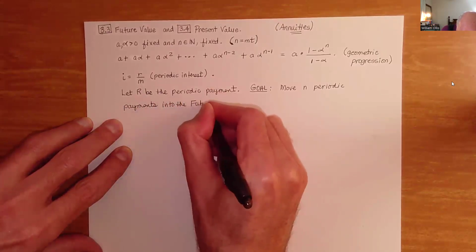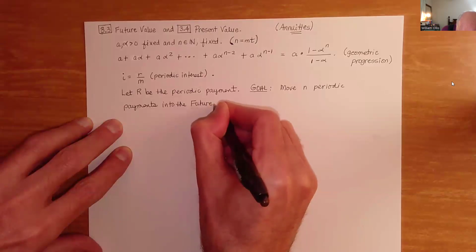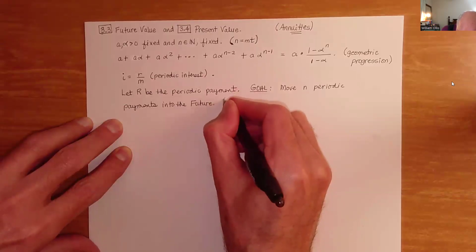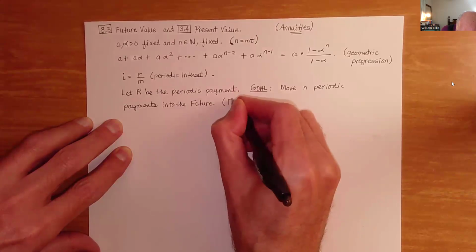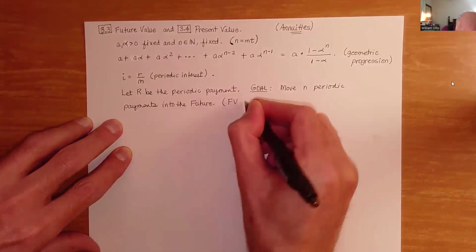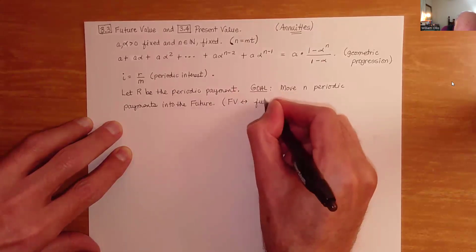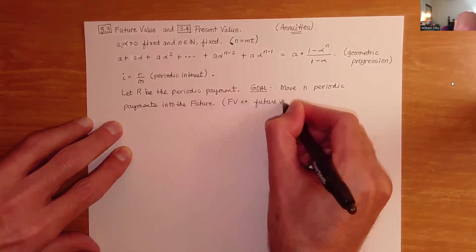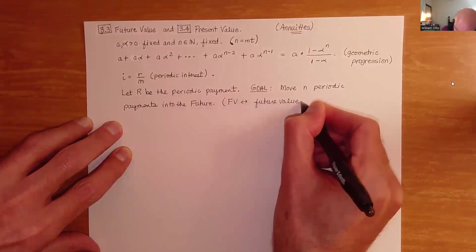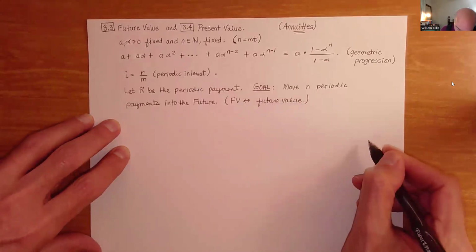And I've used an uppercase because we're eventually going to replace the sum with FV for future value. Or as we would say, future value of the annuity.